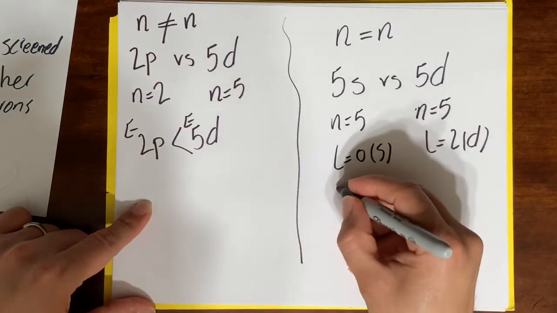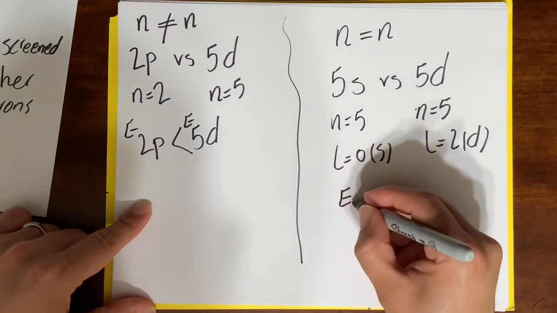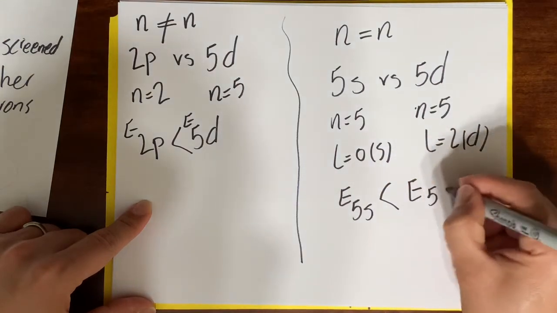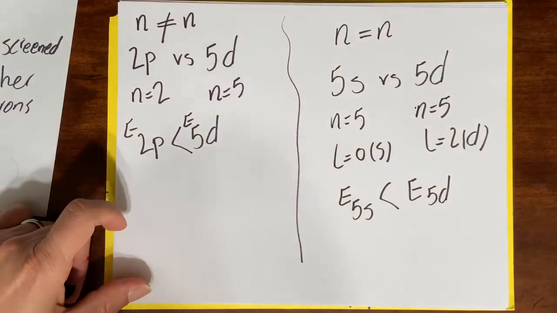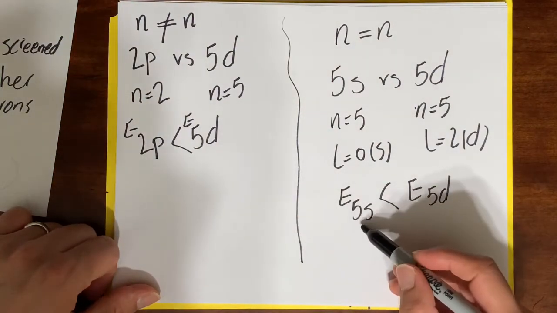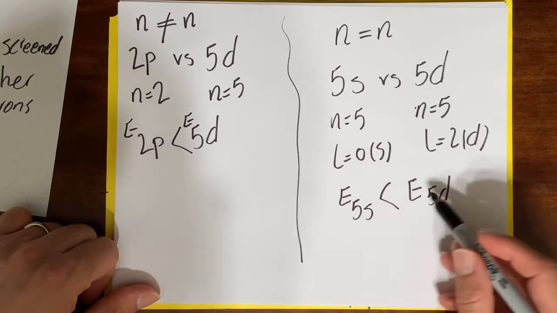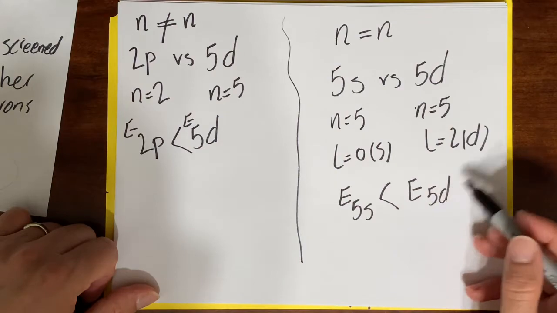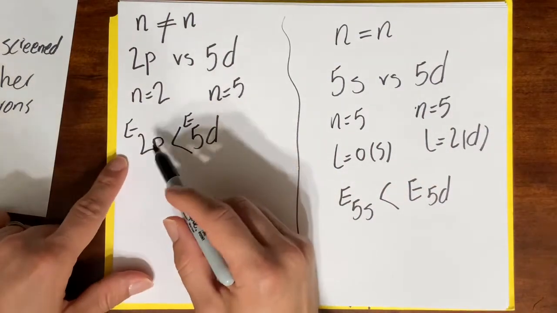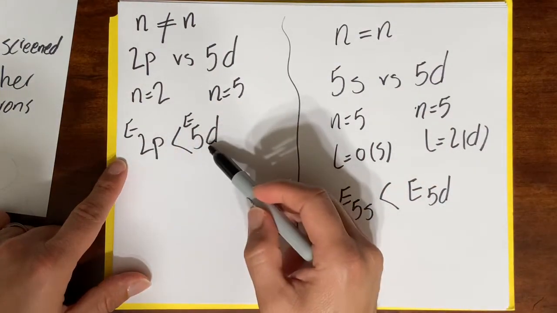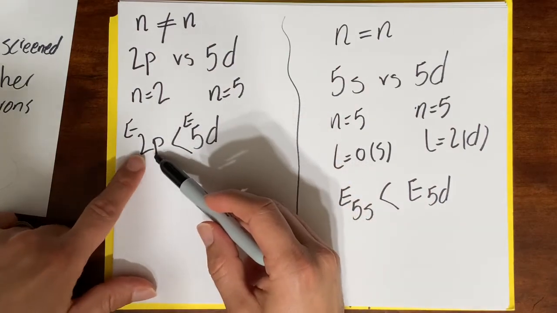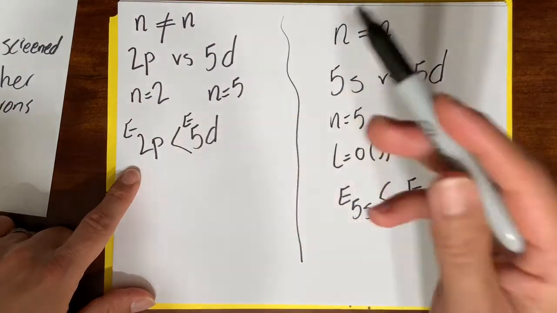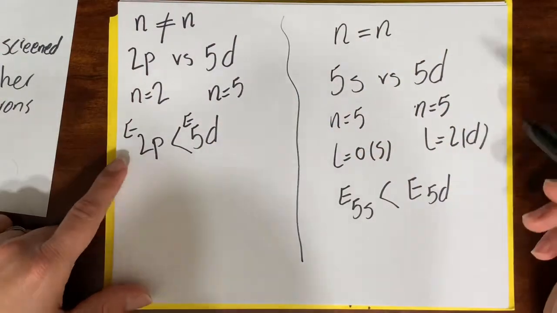So I'm going to say energy of 5s is less than energy of 5d orbital. In this case, you will start with 5s first, and then you put the electron in other orbitals, like 5d. For the first one here, we said 2p is less than 5d. You go with the 2p orbital, you fill in the 2p orbital. If you have something between them, you fill those orbitals, and then you go with 5d.